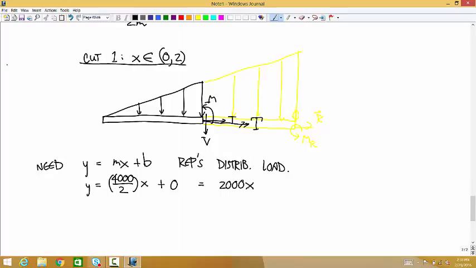And so that says, over here, the value of that distributed load is 4,000. So what's the value of that distributed load when we're x away from the left endpoint? Yeah, the height at this point is 2,000x.